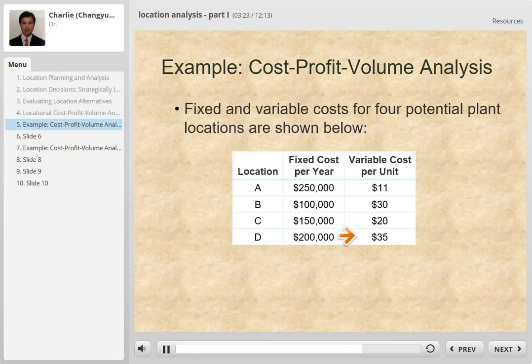So here comes the question, which location is ideal? Well, think about that. The answer probably is it depends. What we need to do is figure out exactly in which situation, which location is the best.